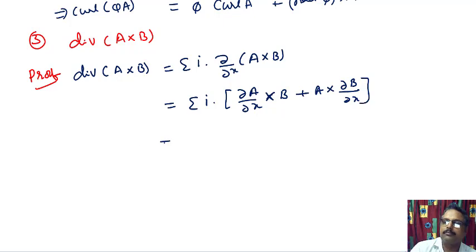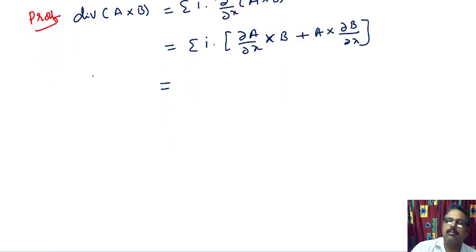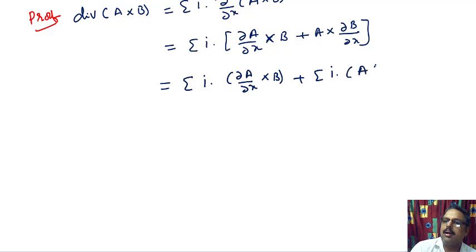Again using the UV formula, sigma I dot dou A by dou x cross B plus sigma I dot A cross dou B by dou x.